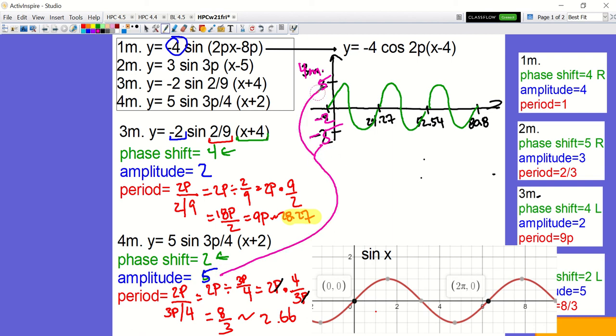So the amplitude of 5 gives you minus 5 and positive 5. 2 to the left gives you minus 2, and you're going to add 2.66 each time. So this 2.66 is going to be added to minus 2, and then you're going to add another 2.66, add another 2.66.